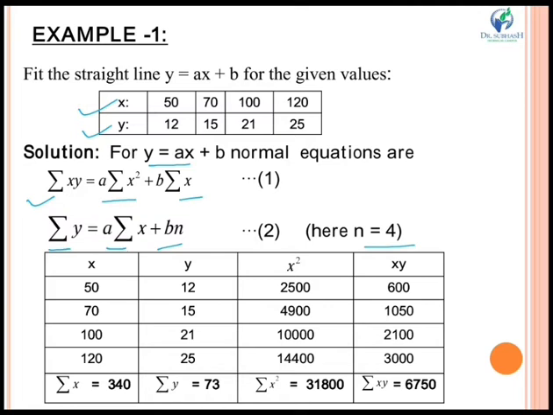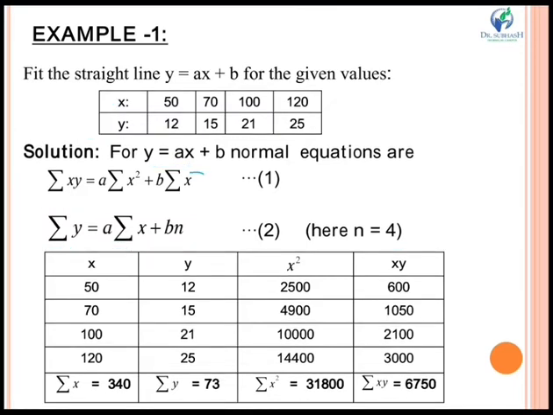Now we will construct a table which will be easier for us to solve equations 1 and 2. We need to find here the values of a and b. See now. First we need the sum of x and sum of y. I have written here the values of x and y, and in the last I have added all the values of x and y.